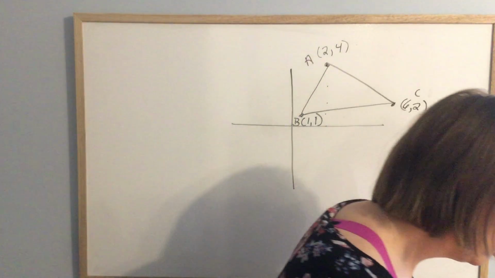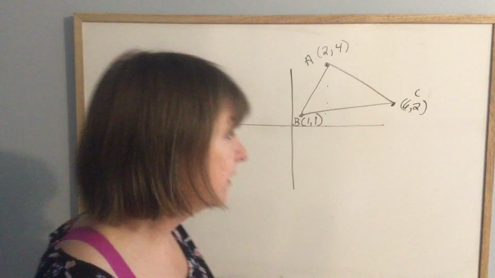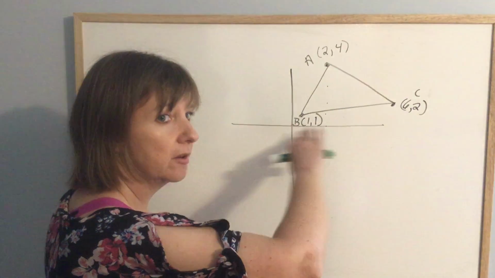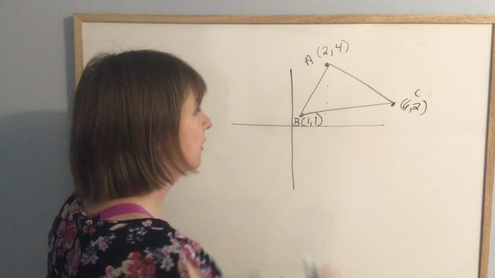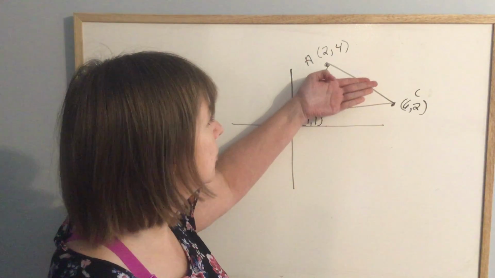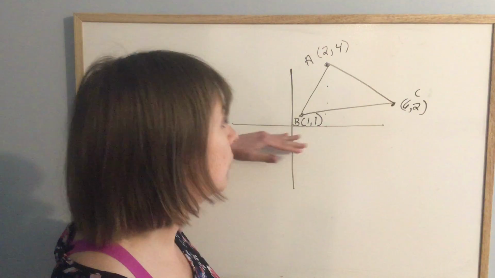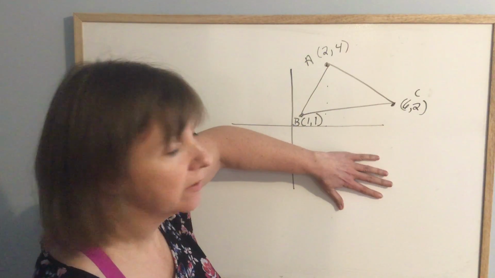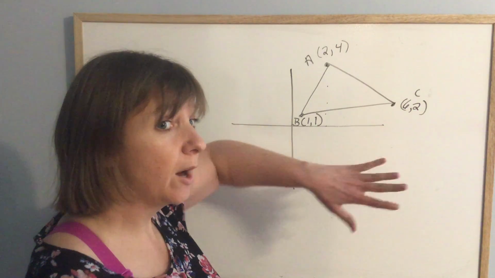Now they want us to reflect it in the x-axis. So the x-axis is the horizontal axis, it's this horizontal line. If we reflect it, just think of this as being a mirror, or think of it as folding along that line. If you were to take it and reflect it down into here, where would it end up?